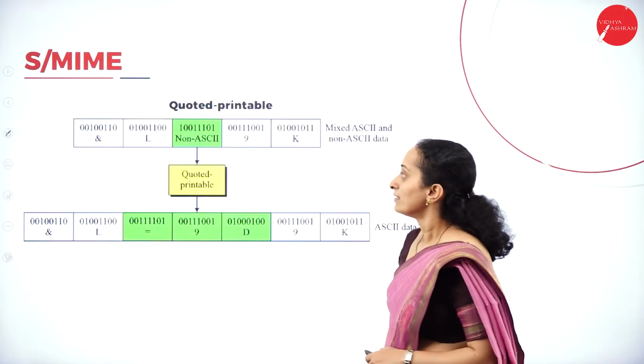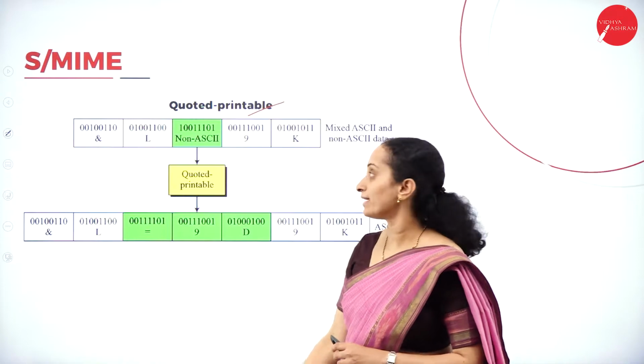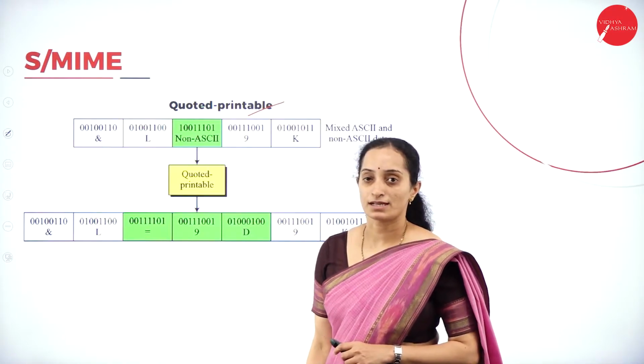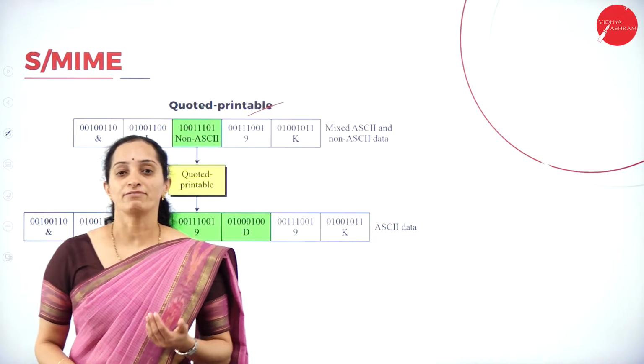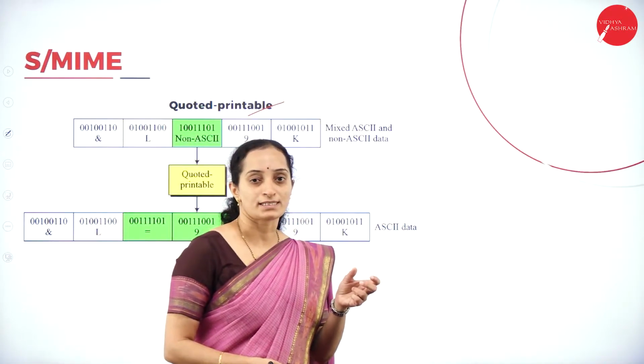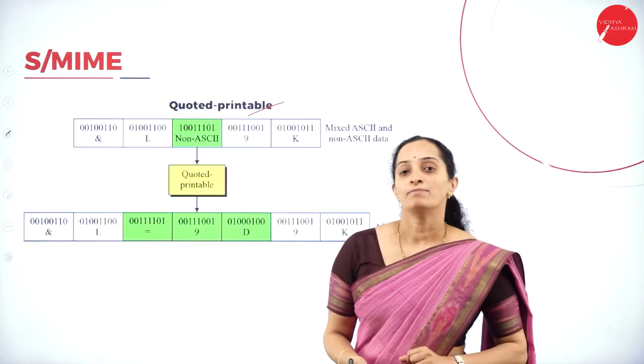Okay. Then we have another format of conversion, that is quoted printable conversion. Here in the Radix 64 conversion, we have an overhead of bits in the header and the tail of the message header. So we have an overhead.